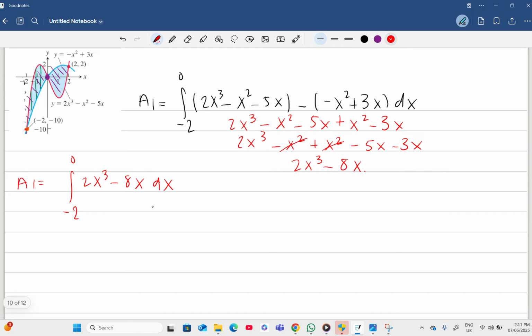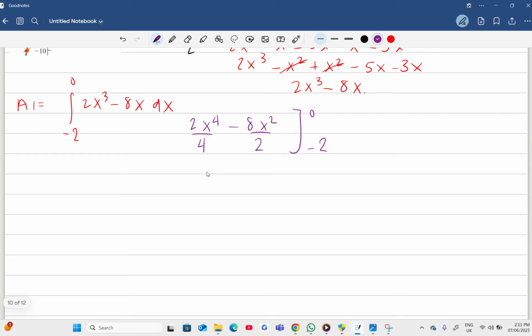Now I'm going to solve the integration. So I'm going to have 2x to the power of 4 over 4 minus 8x squared over 2, from 0 to negative 2. You can just substitute in directly, you don't have to simplify because we just need a final number. So let's do that.